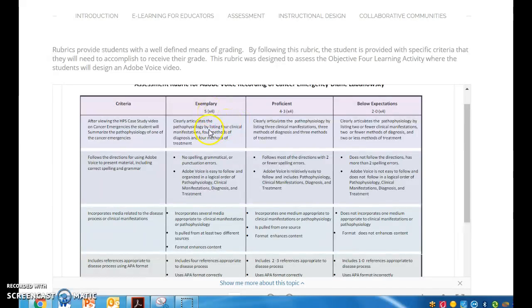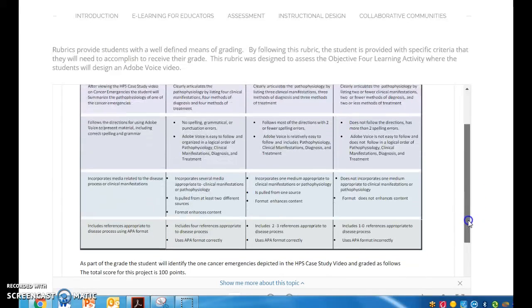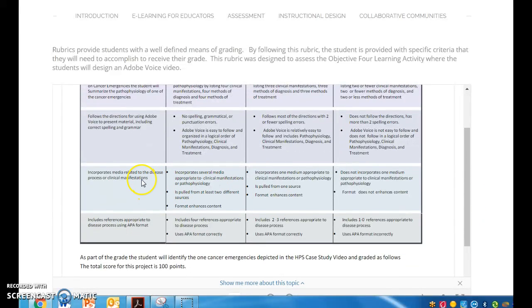And this lists what was the expectation in this criteria. Again, I used numbers 4, 3, 2, or fewer. This looked at format. This looked at what they used as far as media to describe the disease process or clinical manifestation. So did they use pictures? Did they use something to enhance that presentation? And then their APA format.